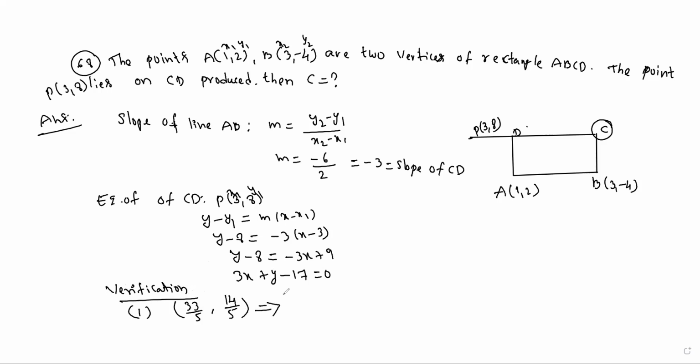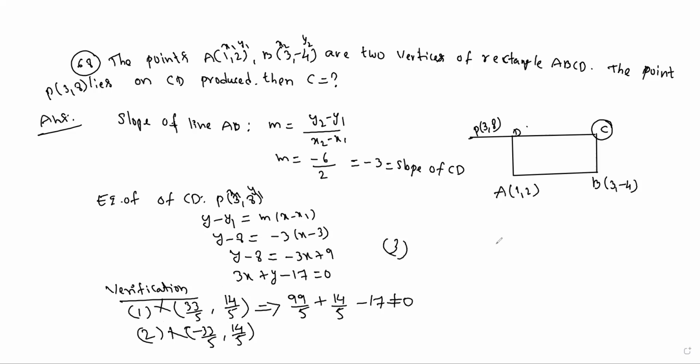This we will substitute in the above line. 3 into 33, that is 99 by 5 plus 14 by 5 minus 17. It will never be equal to 0. Similarly, the second option, the given point is minus 33 by 5 comma 14 by 5. Even this won't satisfy. That's why the second option is also not verified.